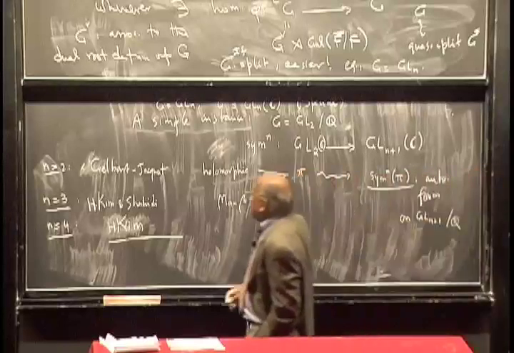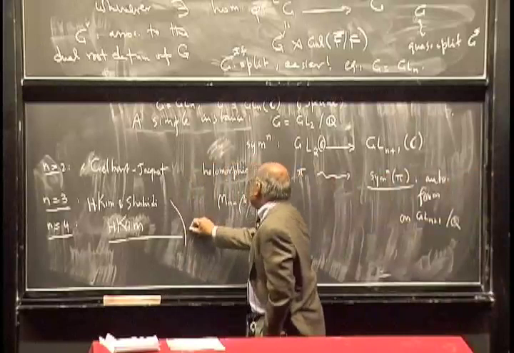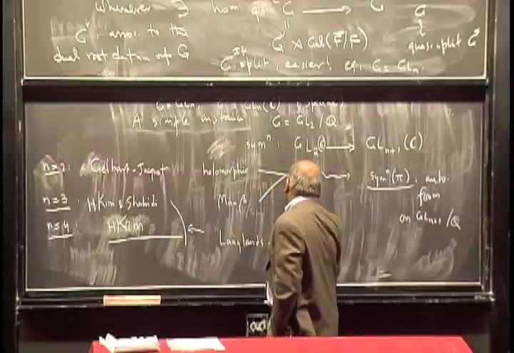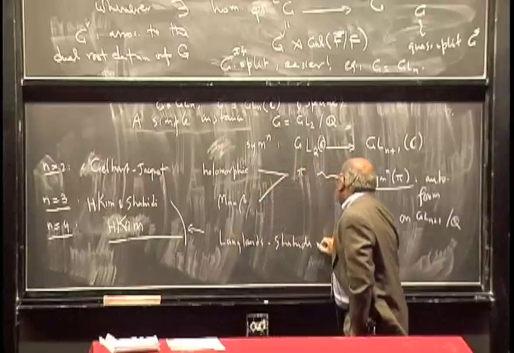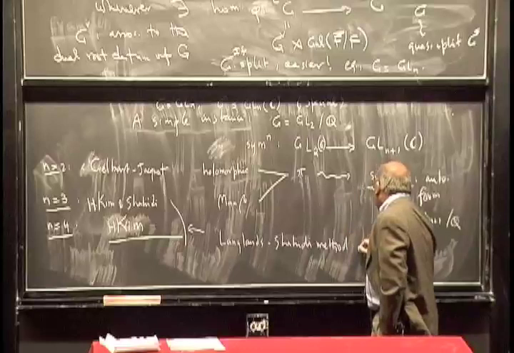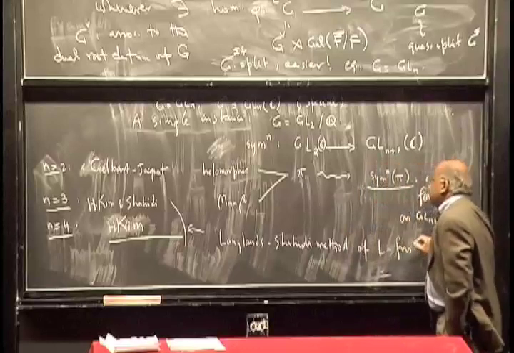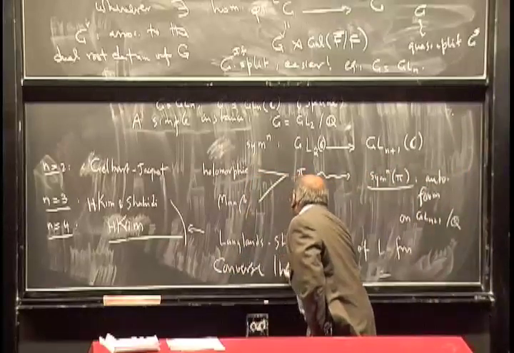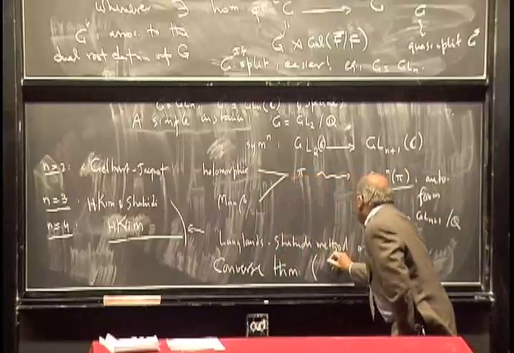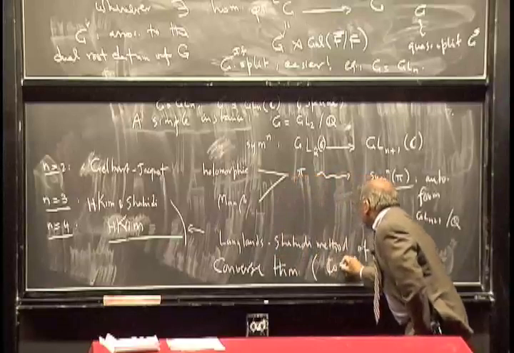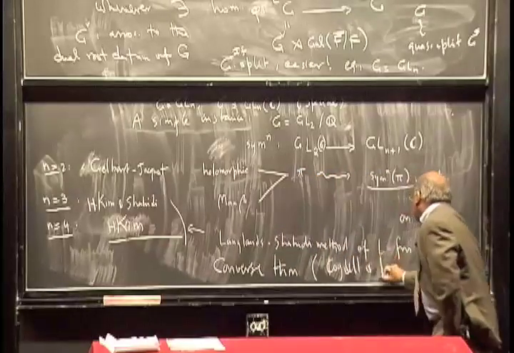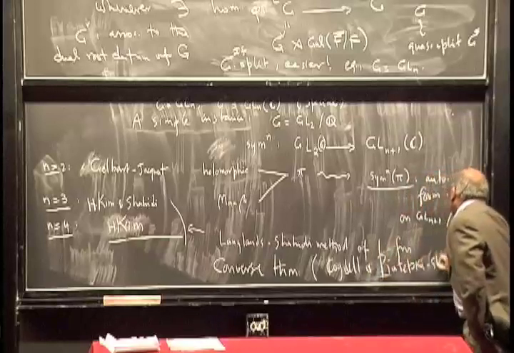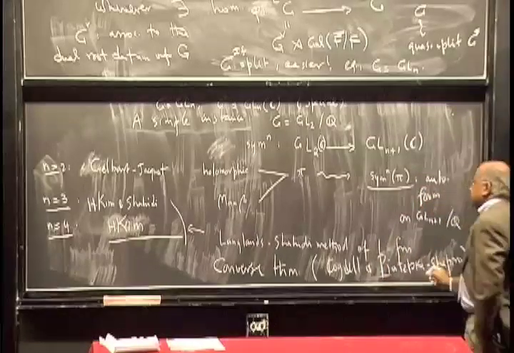All right, so it's a very beautiful theory, and this is a result of what is called the Langlands-Shahidi method of L functions. And the thing that makes everything work is the Converse Theorem, due to Cogdell and Piatetski-Shapiro.